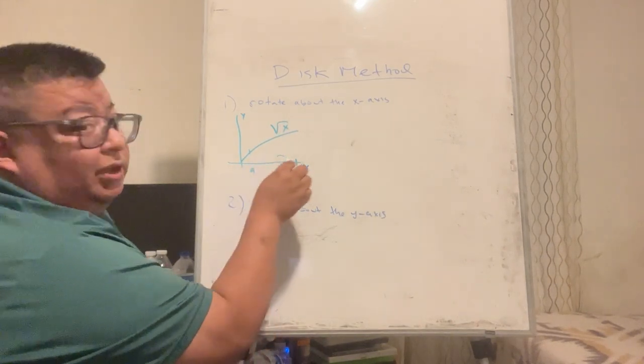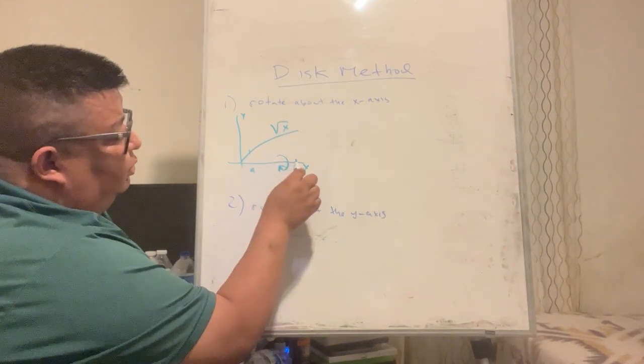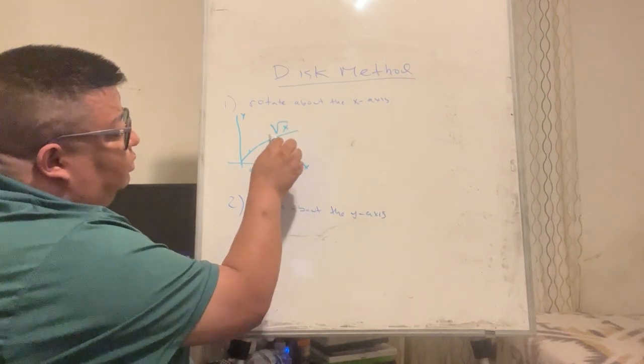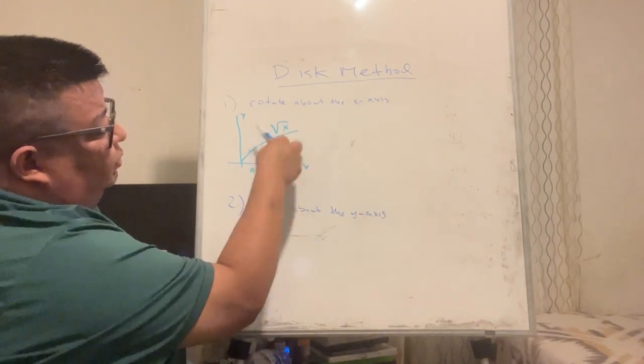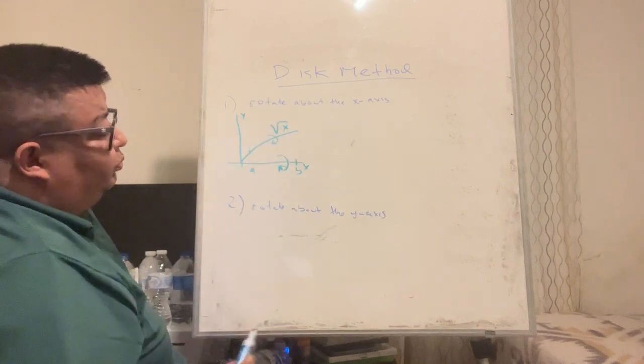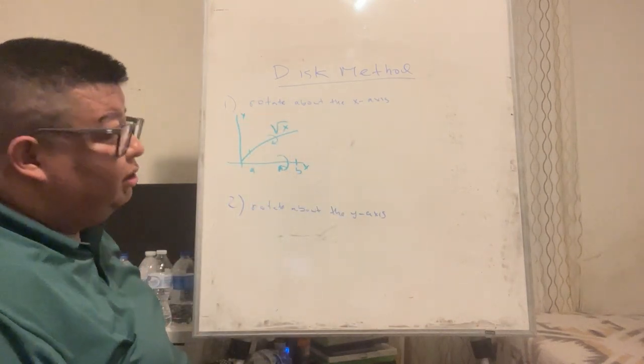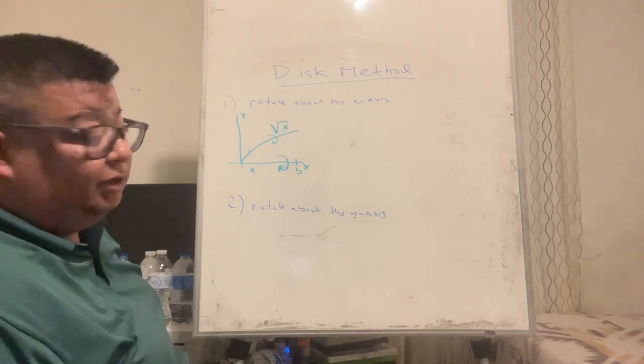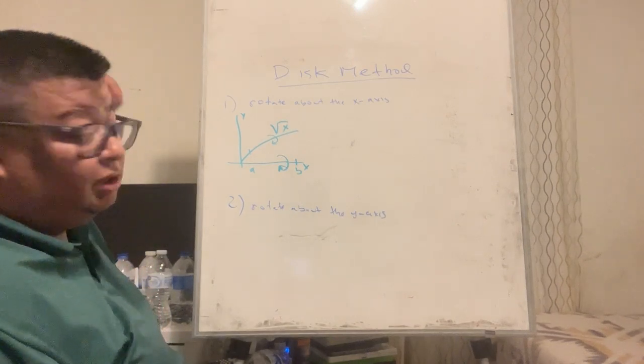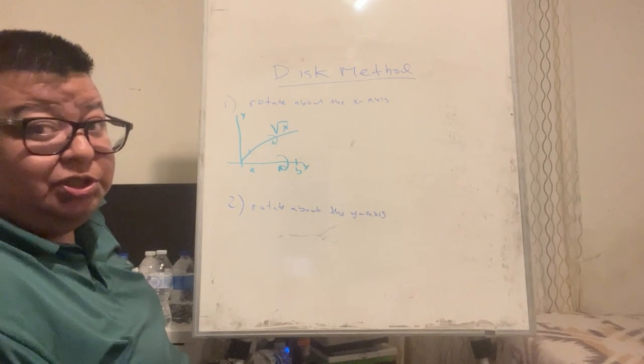So there's no hollow solid, so you're going to rotate square root of x around the x-axis. So this is how I would use this method, the x-axis rotation version.